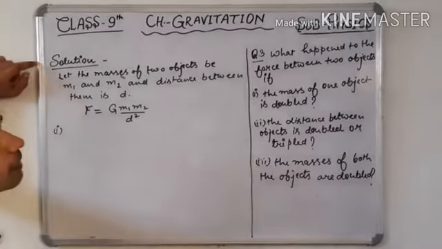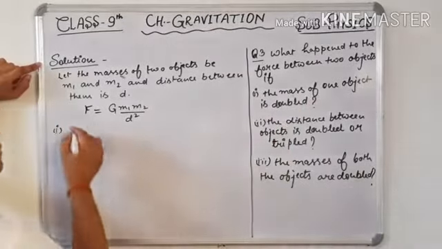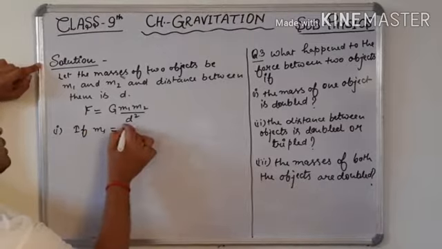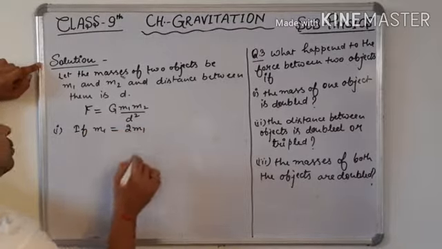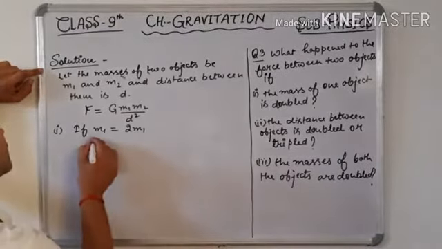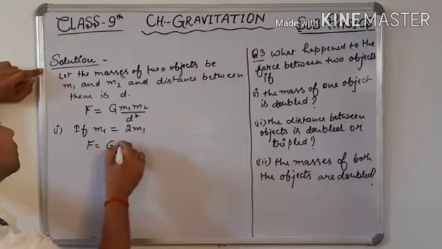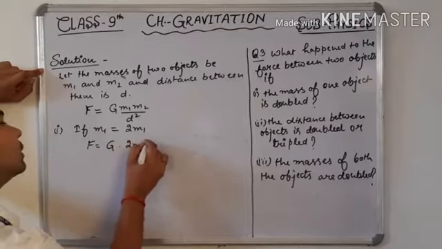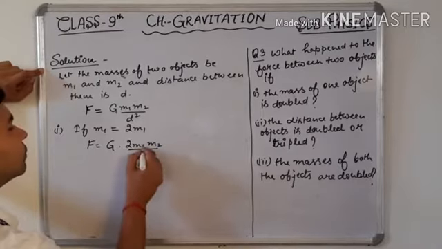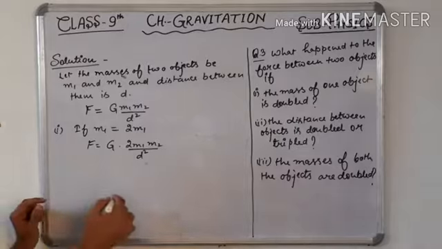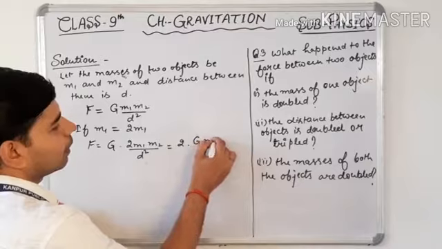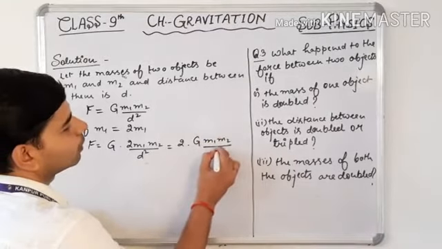Now see the first case. The mass of one object is doubled. If m1 becomes 2m1, then F equals G 2m1 m2 upon d square, equal to 2 times G m1 m2 upon d square.